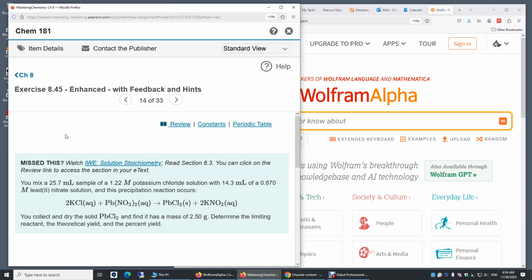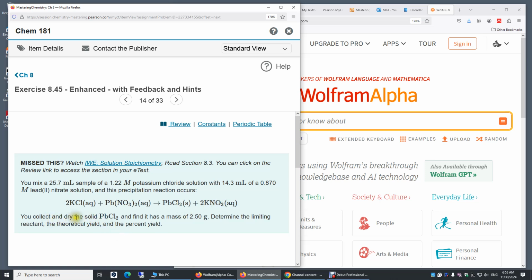Chapter 8, Exercise 8.45. You mix a 25.7 milliliters sample of a 1.22 molar potassium chloride solution with 14.3 milliliters of 0.870 molar lead-2 nitrate solution, and this precipitation reaction occurs. 2 KCl plus 1 lead-2 nitrate, we get lead-2 chloride and 2 potassium nitrate.